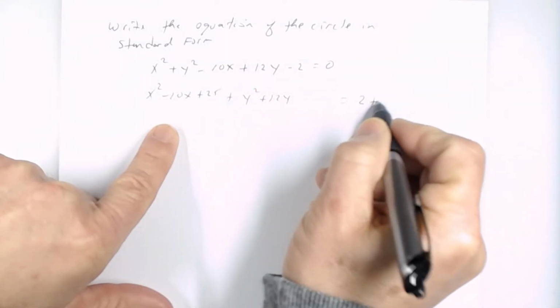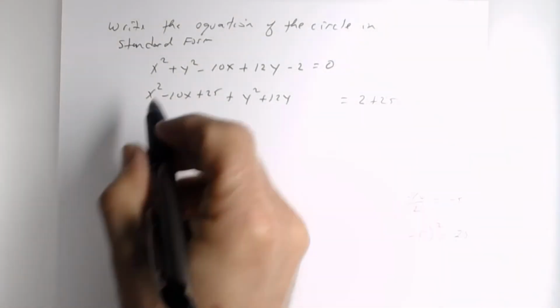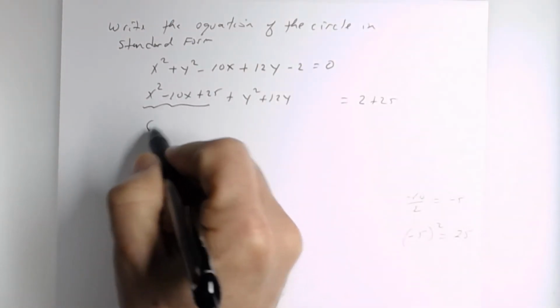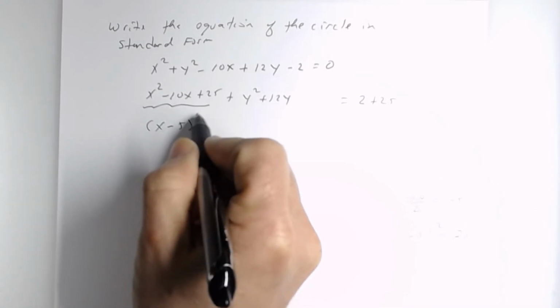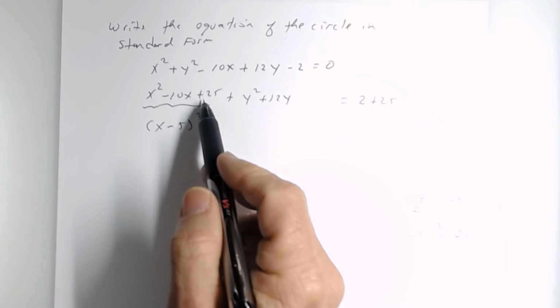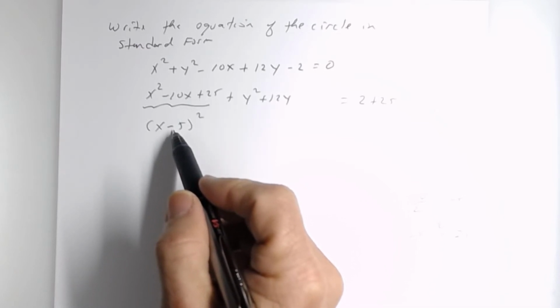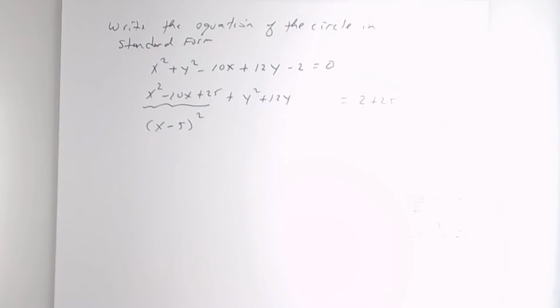So if you're doing this correctly, this trinomial is now a perfect square trinomial, and that's going to be x minus 5 squared. And always check yourself. You want that last term to be a positive 25. Well, this is a negative 5, and negative 5 times negative 5 is a positive 25.